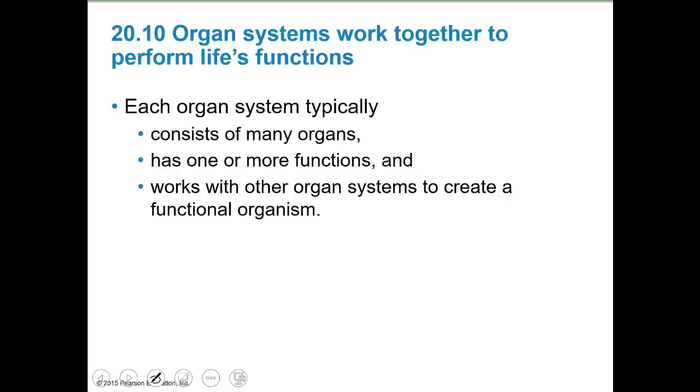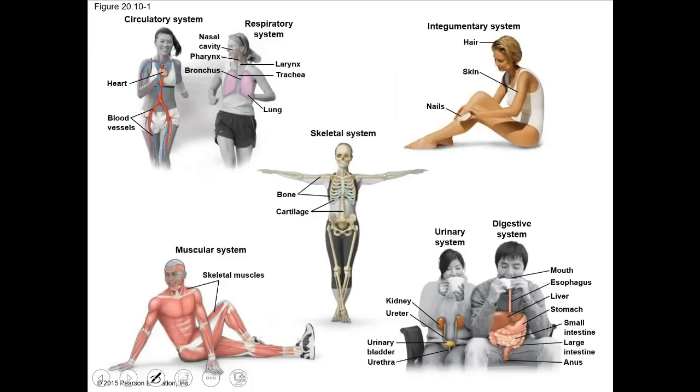Just think about it. So each organ system typically consists of many organs that have one or more functions, and they have to work with other organ systems to create a functional organism. So you'll see some overlap between the organ systems of your organism, but you want to stick with basic stuff.